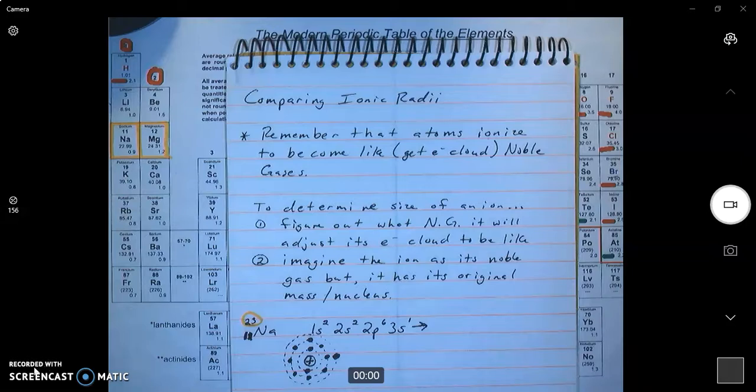What is its nucleus size going to be, the mass of the nucleus, and what cloud is it going to have after it has gained or lost electrons. Those are the two things that you have to process before you can compare one ion to another.